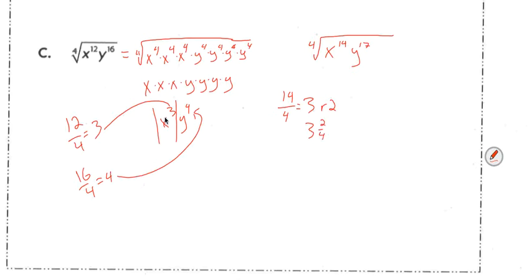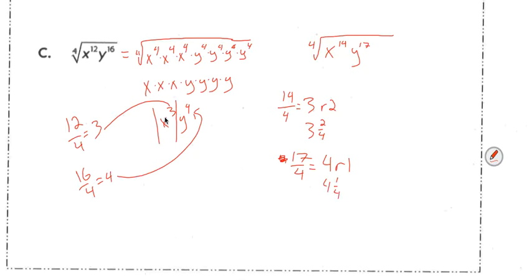I'm leaving it as 2/4 and not 1/2 because that numerator tells me how many x's or how many y's I have left over. Same thing with 17 over 4, that's going to be a 4 with a remainder of 1, or 4 and 1/4.